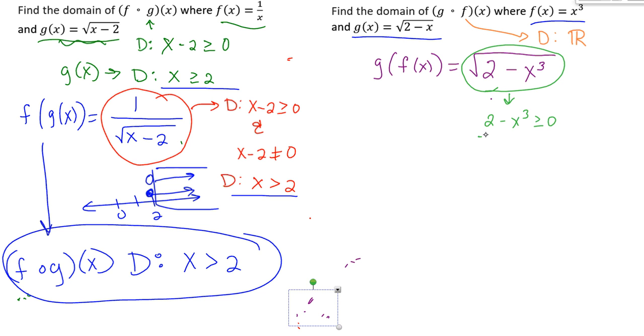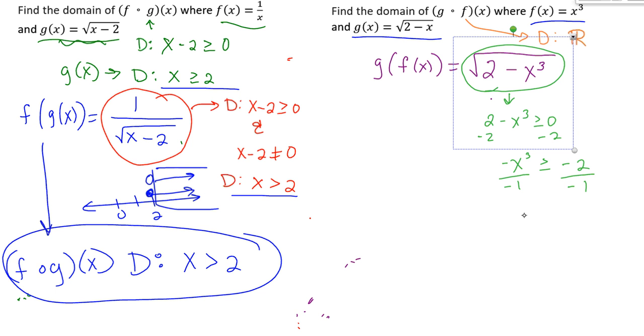Now solving that, minus 2 minus 2, negative x cubed greater than or equal to negative 2. Divide by negative 1, be careful. Divide by negative 1, x cubed is less than or equal to 2. And then you cube root both sides.